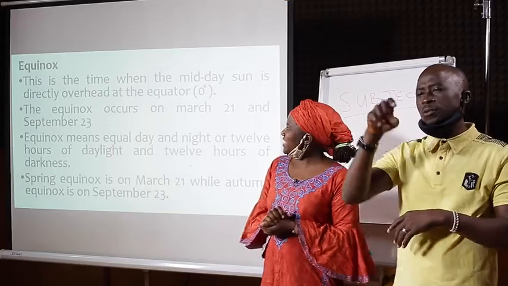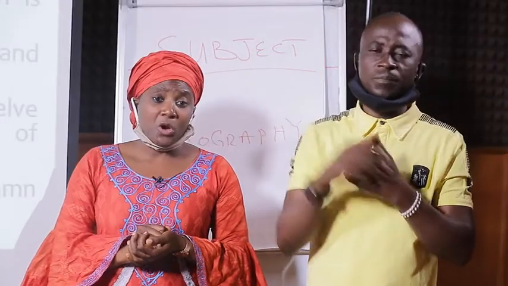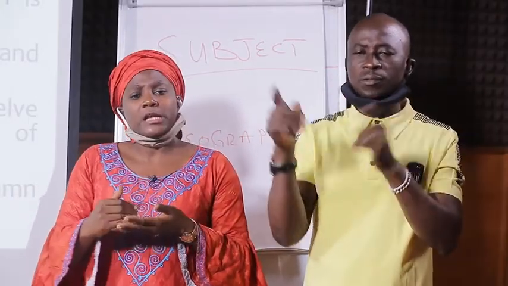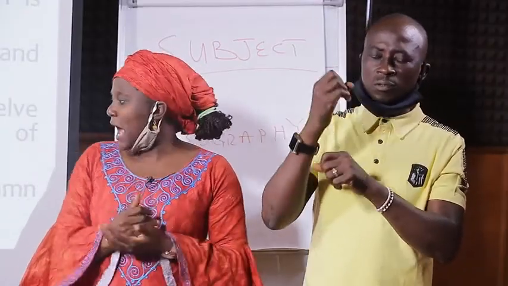Equinox. What then is equinox? We said this is the time when the midday sun is directly overhead at the equator, 0 degrees. They occur on March 21st and September 23rd. Note the dates, March 21st and September 23rd. Equinox is from the word equal. It means equal day and equal night. That is 12 hours of daylight, 12 hours of darkness.